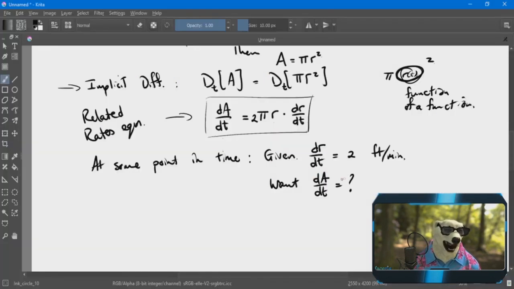So we're also given the radius is 4 feet. So those are all the things we need in our related rates equation.